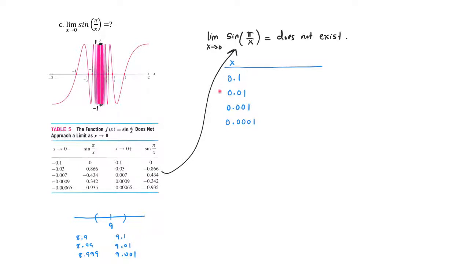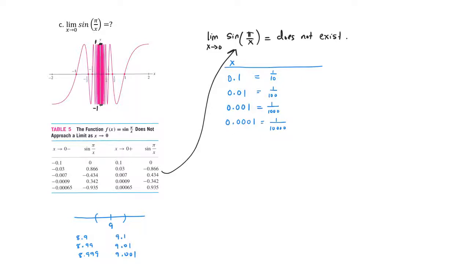Clearly, these values are getting closer and closer to 0 from the right of 0. So what I'm going to do now is change this to fractions. This would be 1 over 10. This will be 1 over 100, 1 over 1,000, and 1 over 10,000.